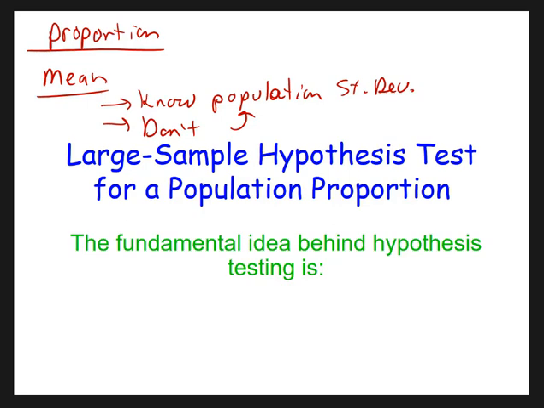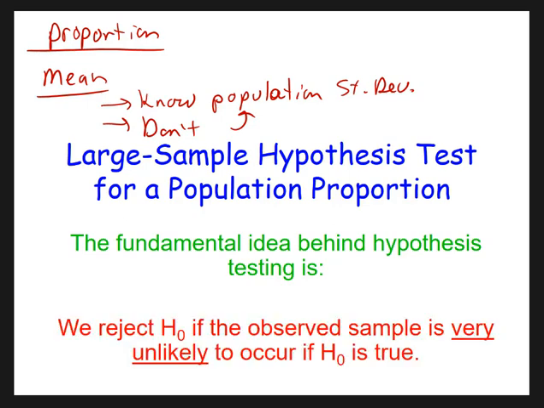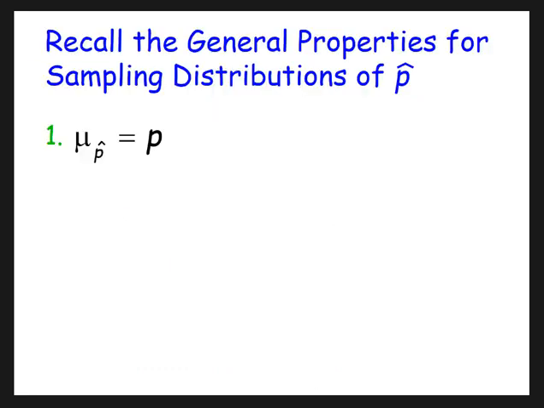So the fundamental idea is we only reject H0 if we observe sample results that were highly unlikely based on the assumption that H0 was true. So we assume things to remember that we're looking at our sampling distributions.